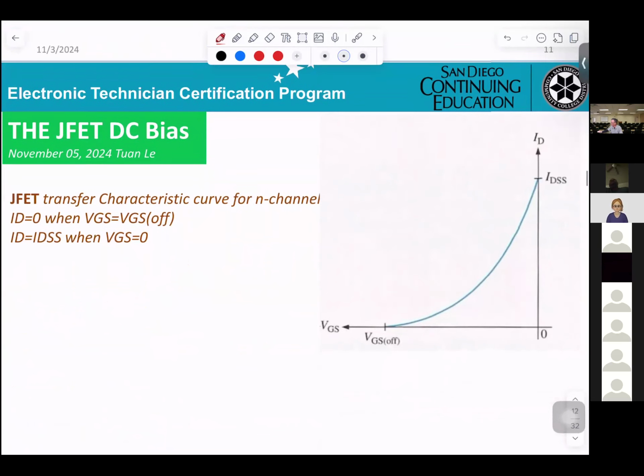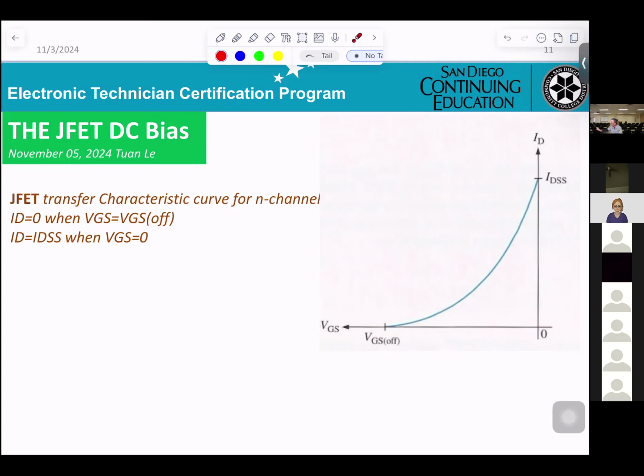Now, next will be the JFET transfer characteristic curve for N channel. This is the VGS axis here, negative voltage, and 0 here. That means at this point, ID 0, VGS 0. At this point here, VGS off, if you're looking for ID, it will be 0.